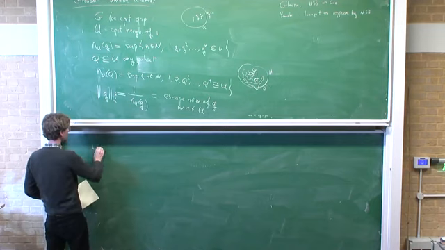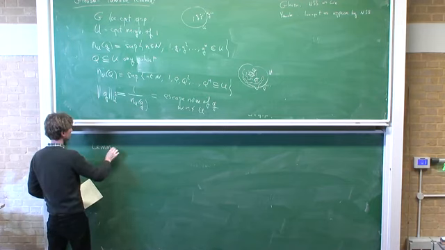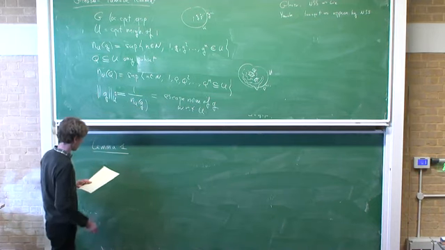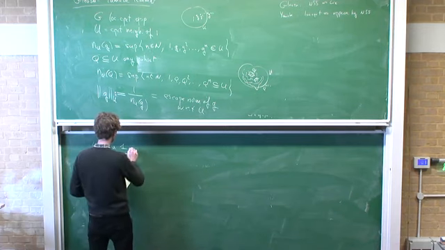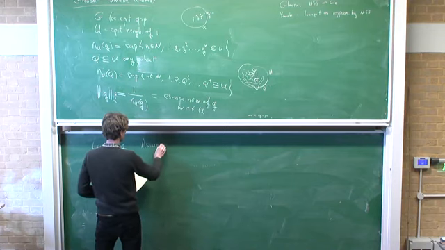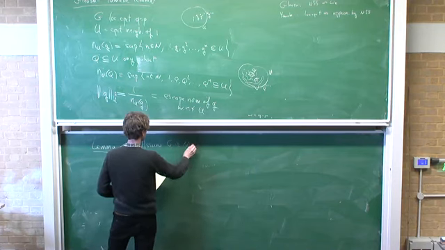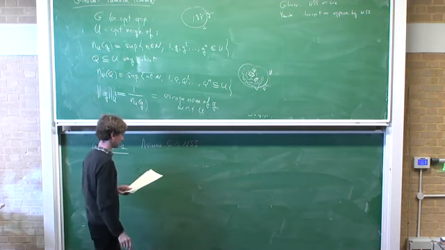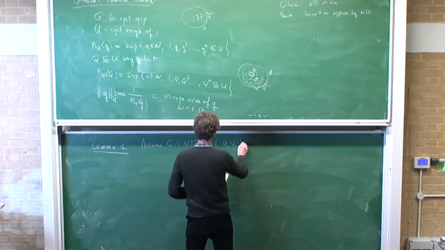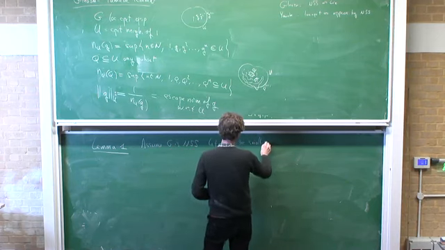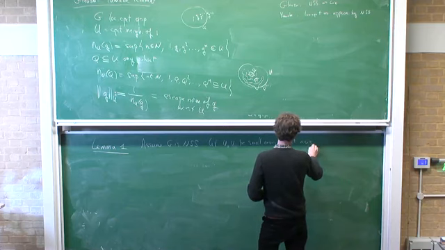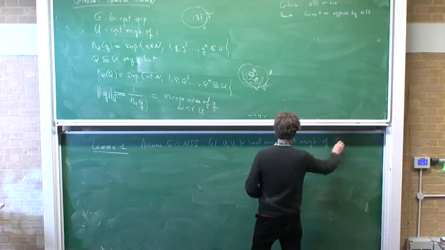So there are two lemmas. Here's the first one. The first one assumes NSS, so assume G is NSS. And U and V are small enough compact neighborhoods of 1.